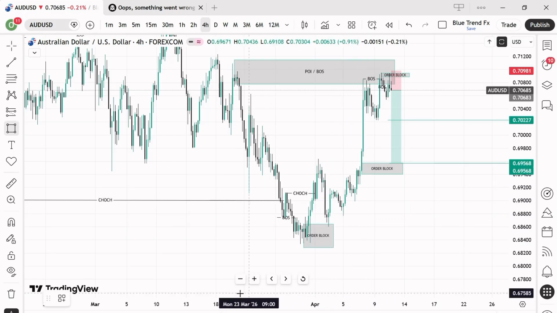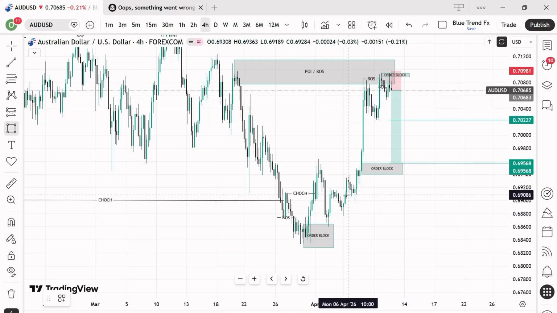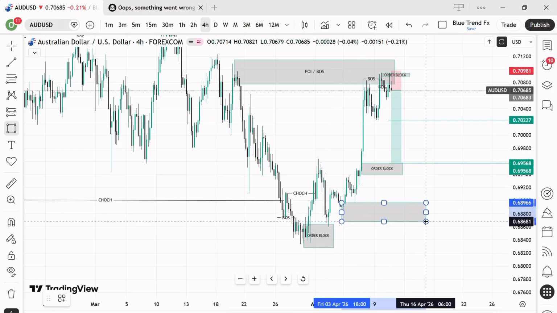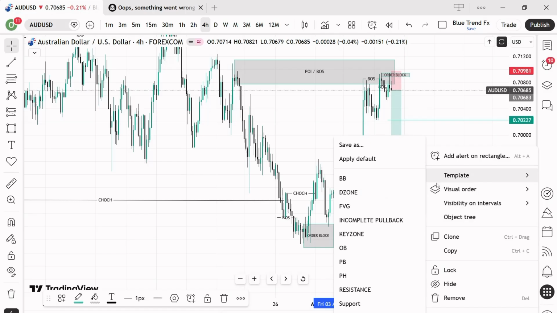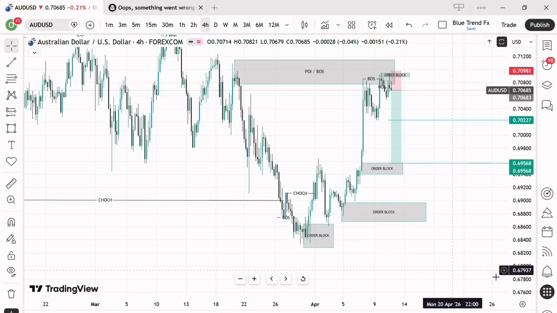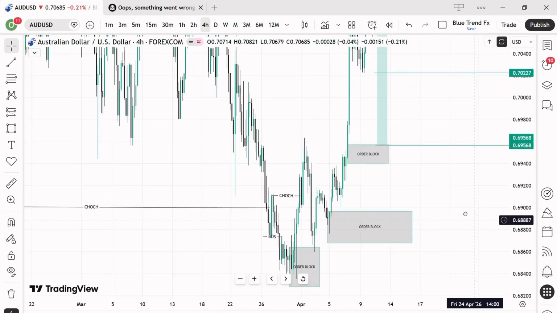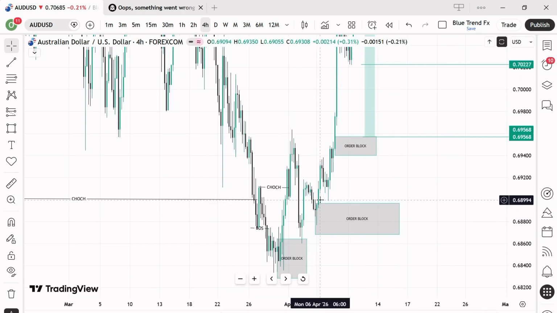So if we take a proper look, we will realize that this level marked is a reasonable zone for us to buy the market. This is another block that has not been mitigated.